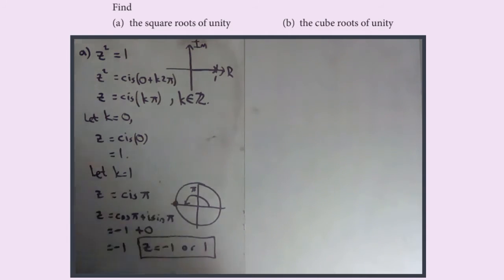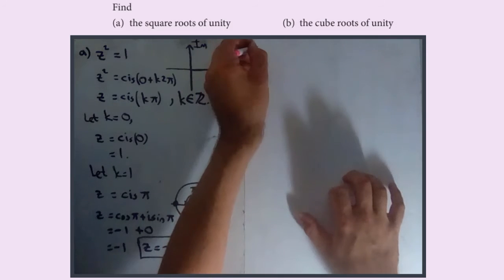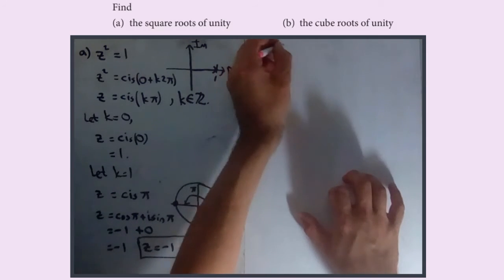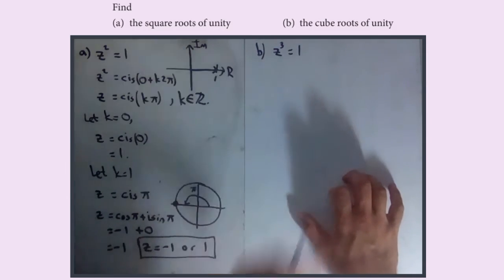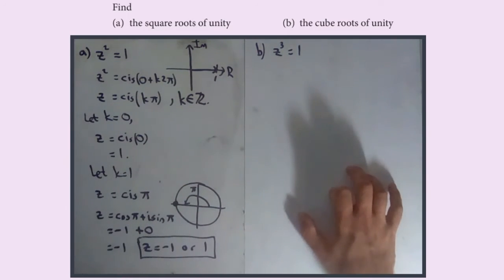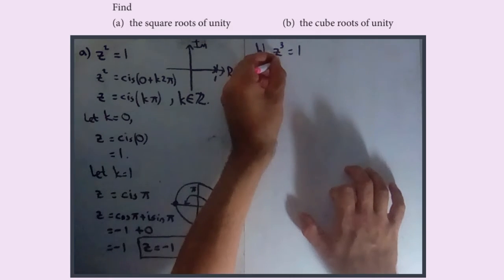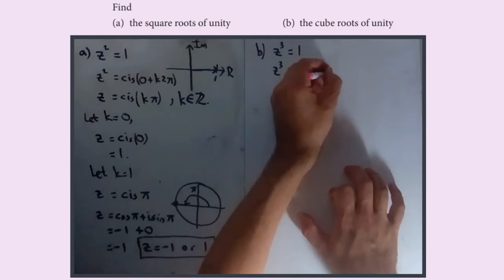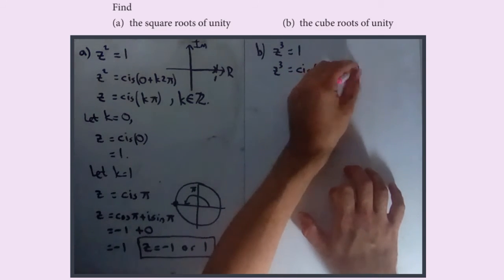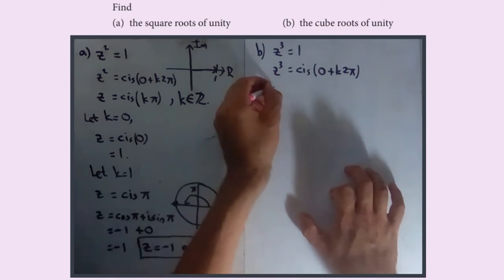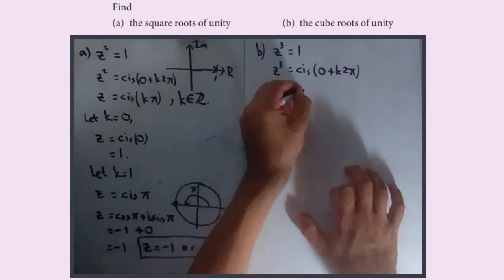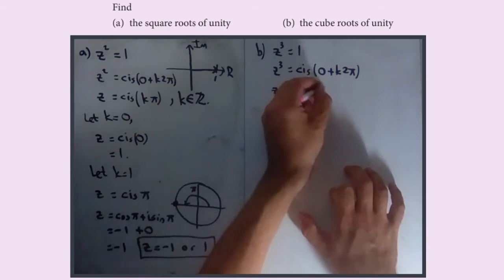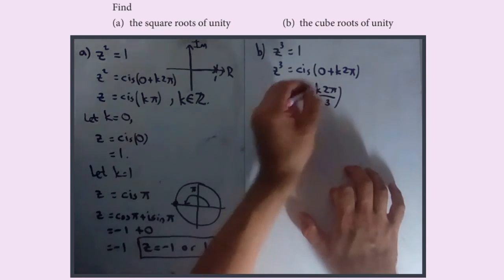So now we're going to do the cube roots of unity. We're solving z cubed equals 1. I'm not going to need the diagram because we already know that 1 is cis 0 plus k2 pi. So z cubed equals cis of 0 plus k2 pi, or just k2 pi really. That means z equals the cube root of that, so it would be cis of k2 pi by 3, just like that.